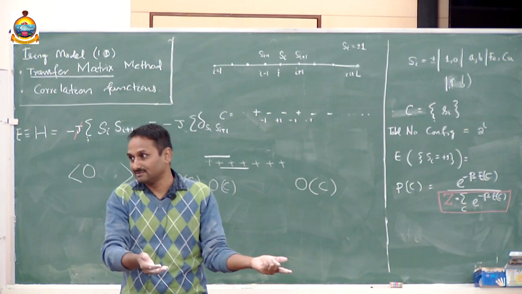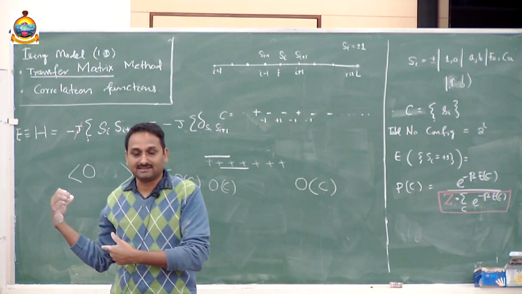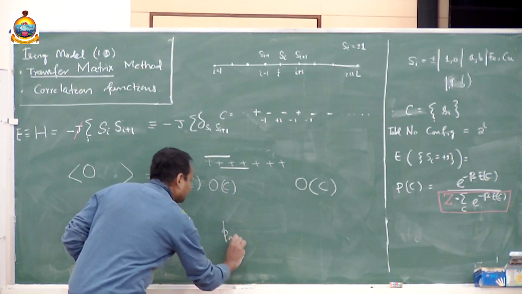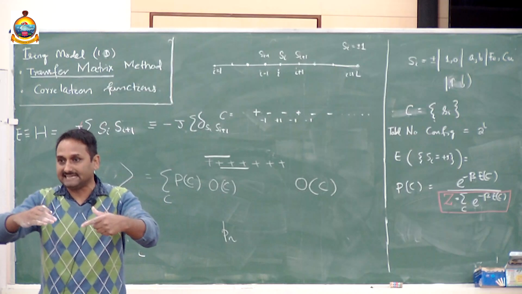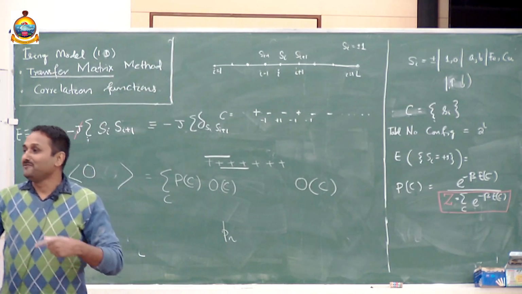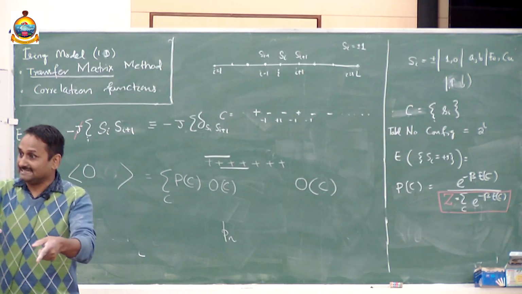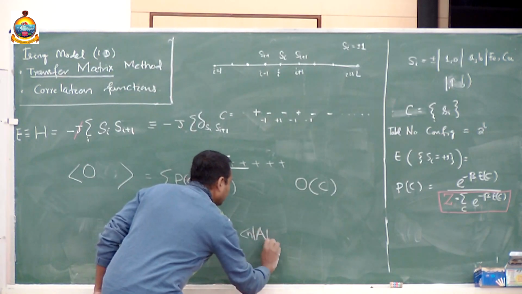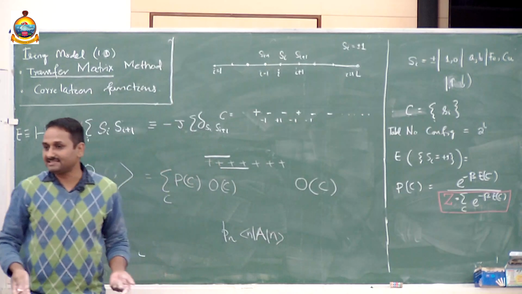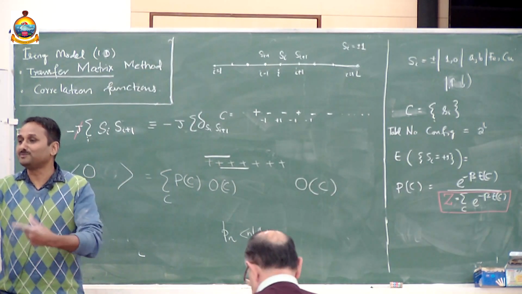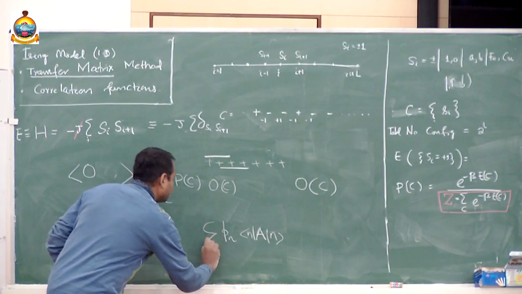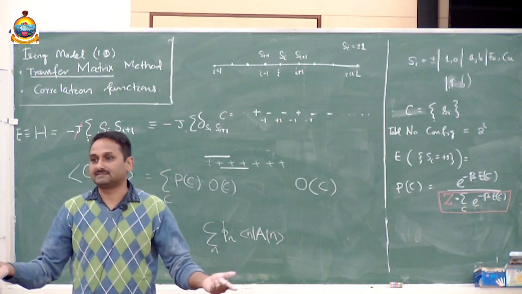That's what you do. That's what you are doing here. The probability you are in state n, which you write as Pn, and the value of your observable in that state, A_n. If you are in state n, the value of your observable in that state is A_n, and then you sum over n to get the average.